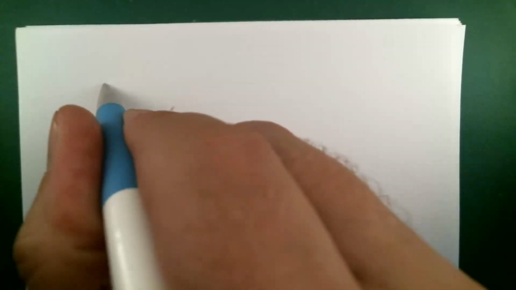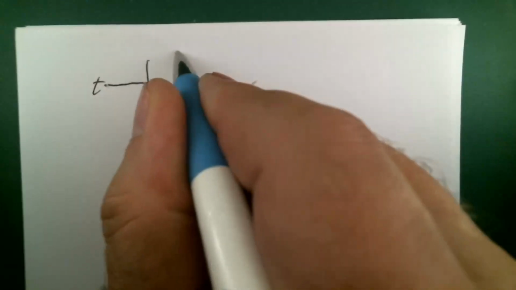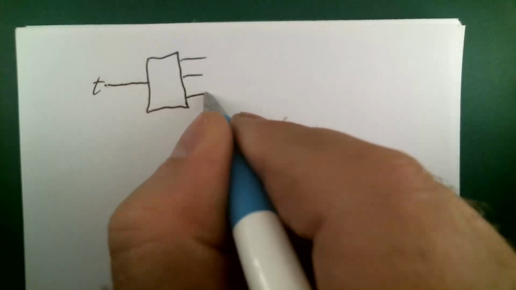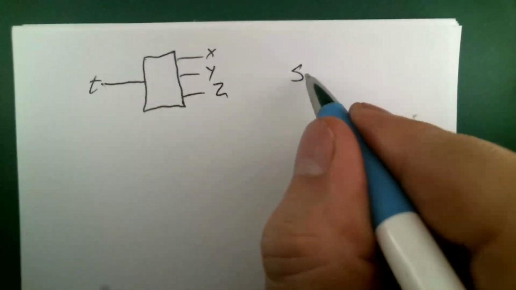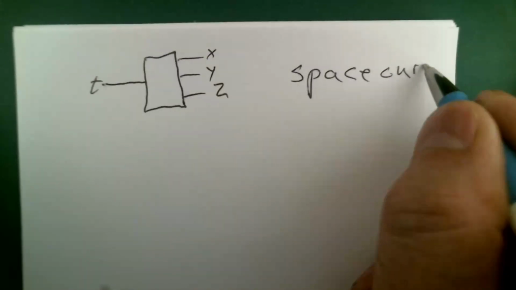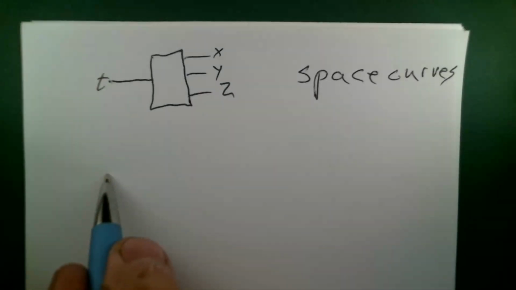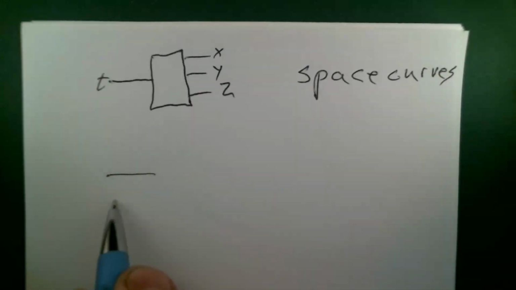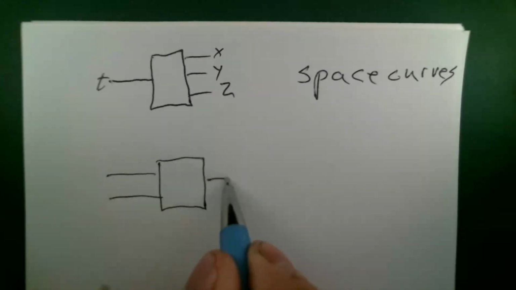Yeah, we have done functions that have single input and then multiple outputs. That's what space curves were. We have done functions that had multiple inputs and a single output.